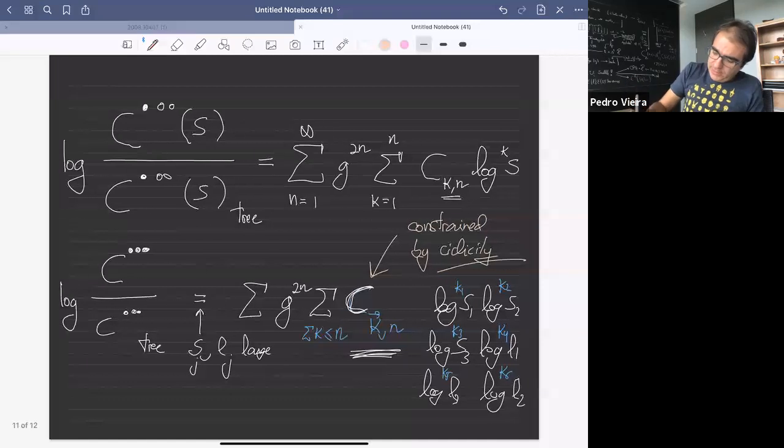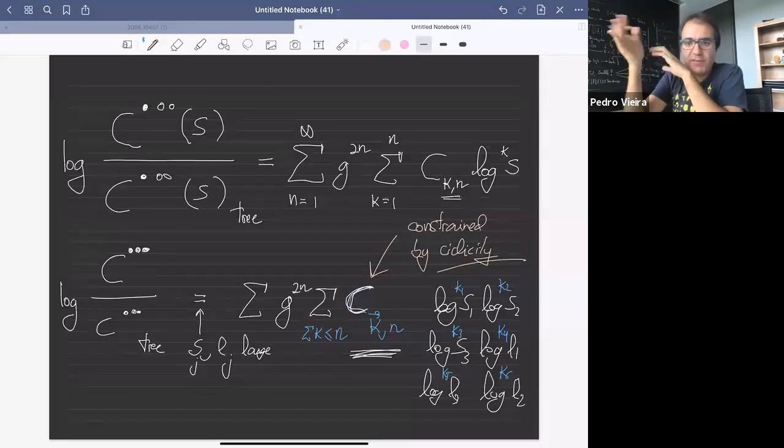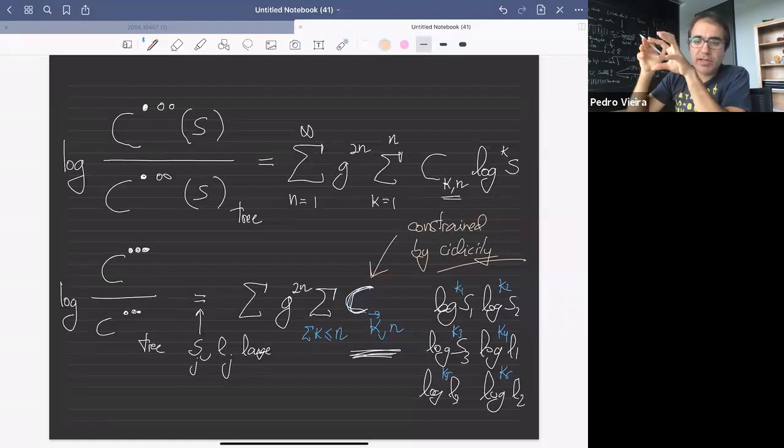And the claim is that if you do this exercise for 5 points, I skipped the 5-point exercise for the talk, but we could have done it for 5 points. Then the object that I would be constraining would be 2 operators with spin and 1 is a scalar, right?